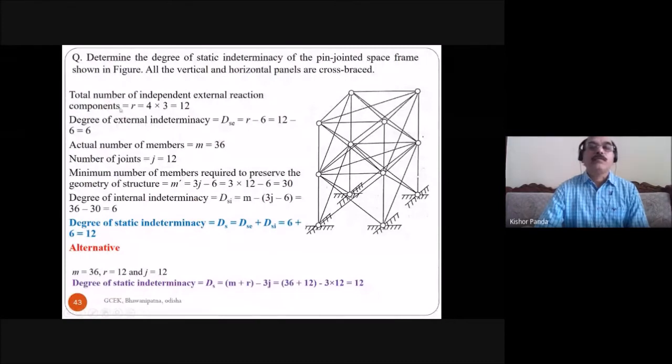Here also you can find out the total number of independent external reaction components, R is equal to 4 into 3. So in the case of pin jointed space frame, this is the support. So you have to take the total number of reactions. The number of reactions at the pin jointed space frame is 3.